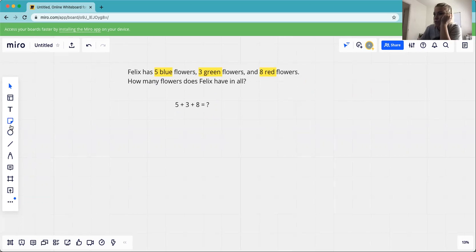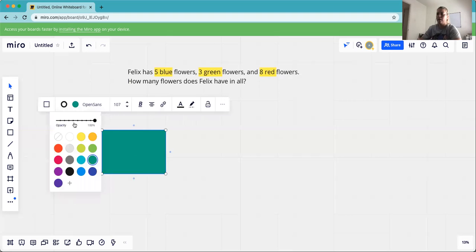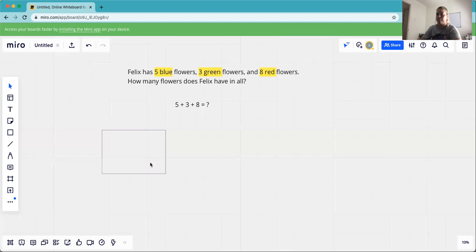I'm going to go ahead and draw my boxes just to help me. All right, 1, 2, and 3. I'm going to put 5 on my first one, and I'm going to do the 5 blue.